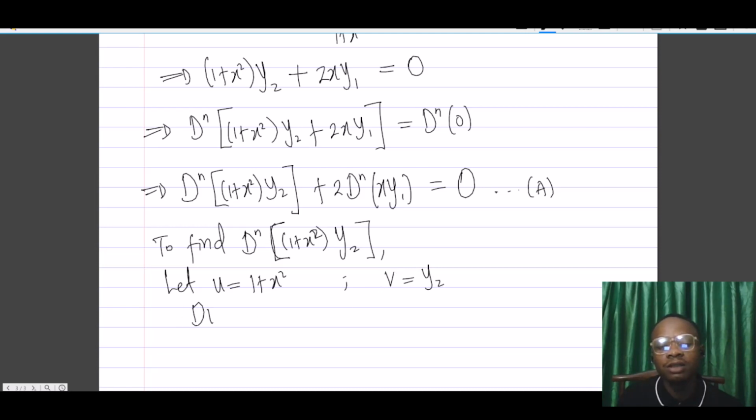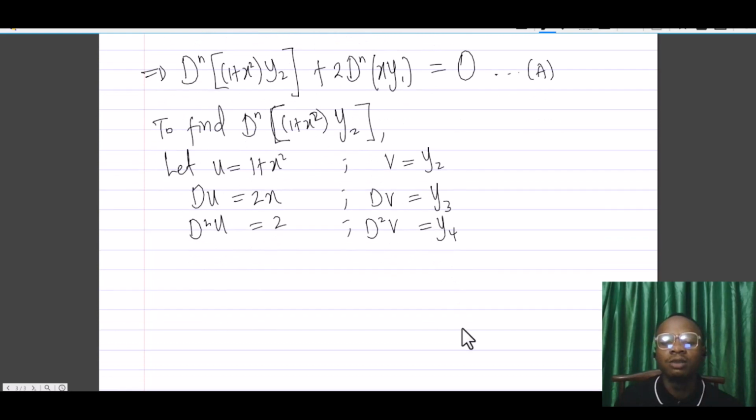Then it will follow that the first derivative of u will be 2x, and the first derivative of v, the derivative of the second derivative, is y3. And going further, the second derivative of u will be equal to 2, and the second derivative of v will be equal to y4. And going further, the third derivative of u will be equal to the derivative of 2, which is 0, and the third derivative of v will be equal to the derivative of this, which is y5.